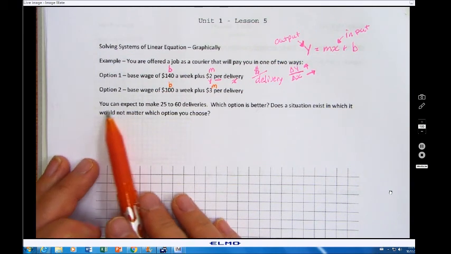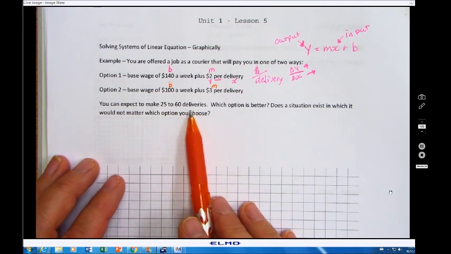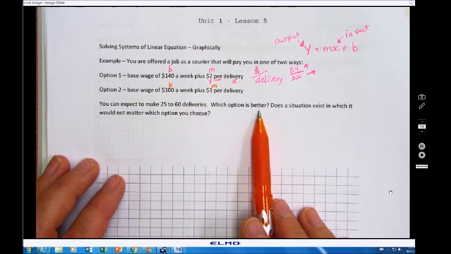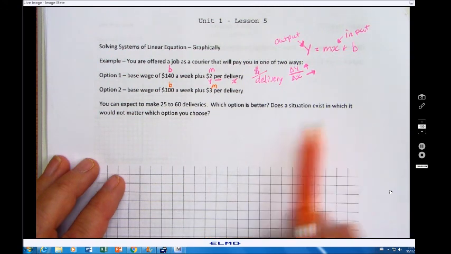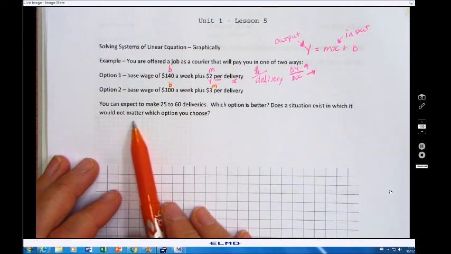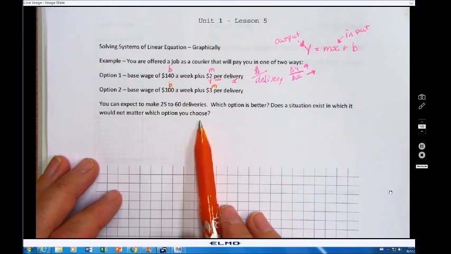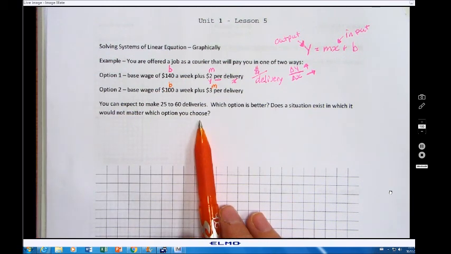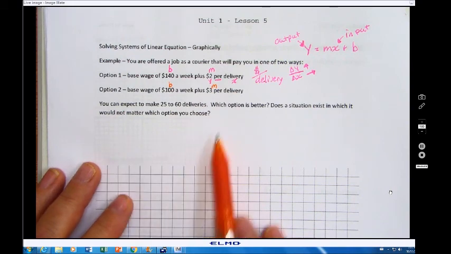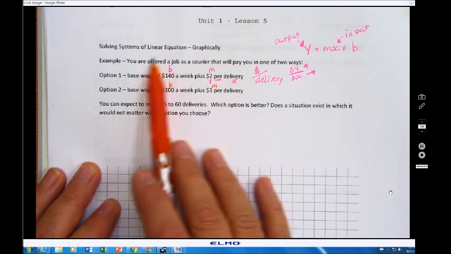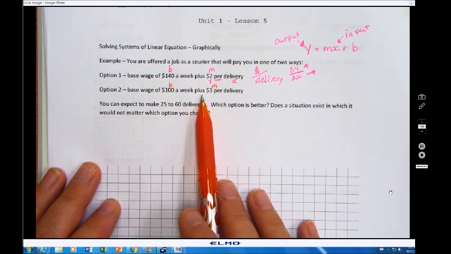And then here it says you can expect to make 25 to 60 deliveries. Which option is better? Does a situation exist in which it would not matter which option you choose, so where they are equal? So the first thing you need to do is take this and change it into an equation, and we've kind of already done that work.